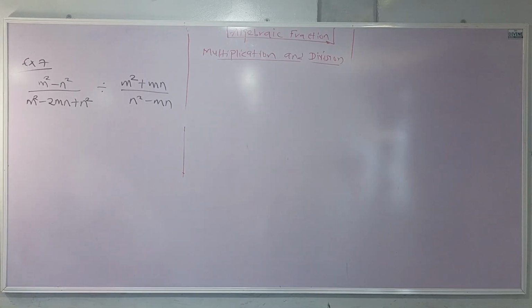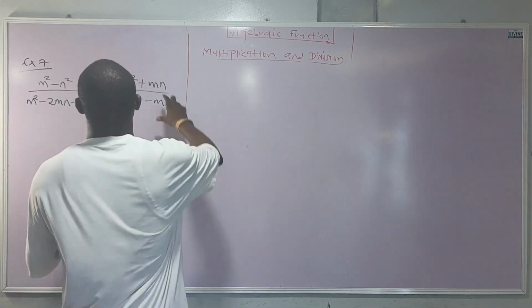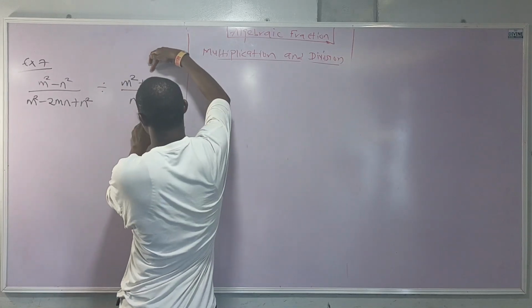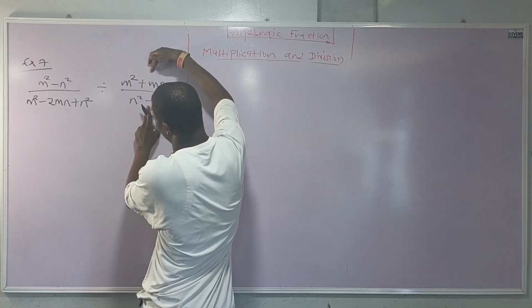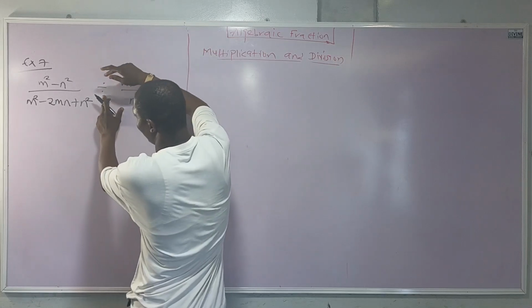Now the first thing we must do is to interchange this right hand fraction and change our division sign to multiplication.